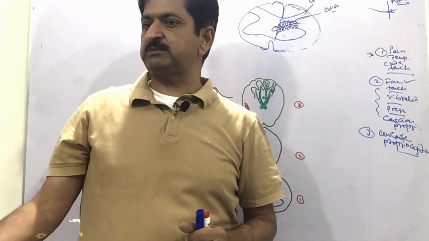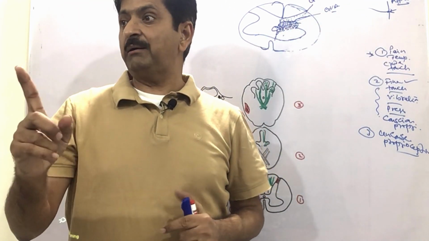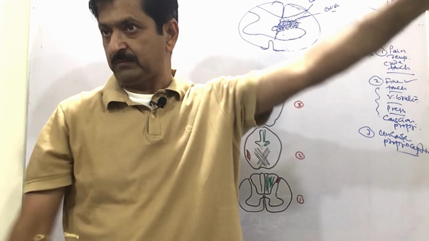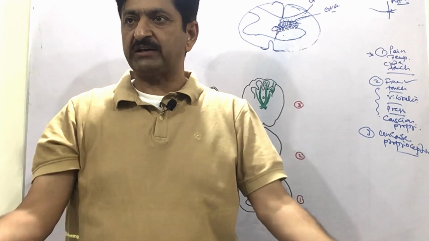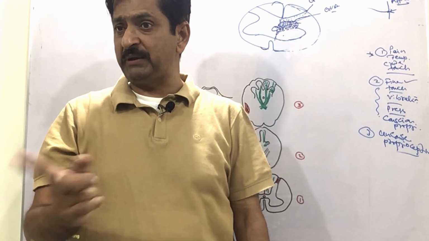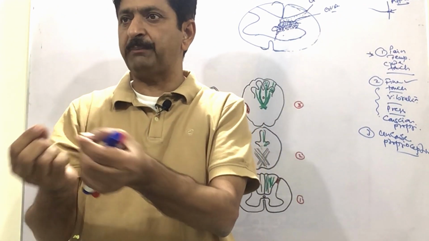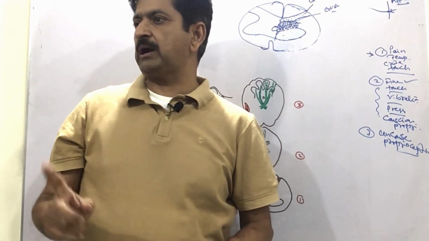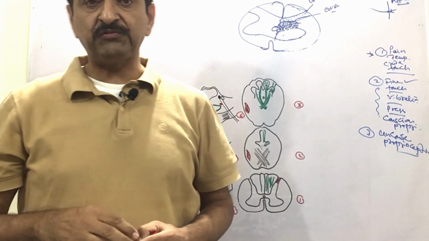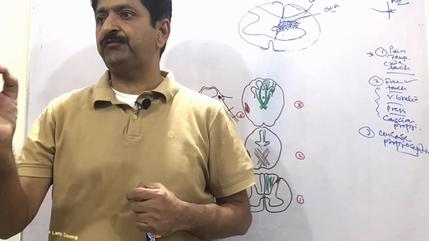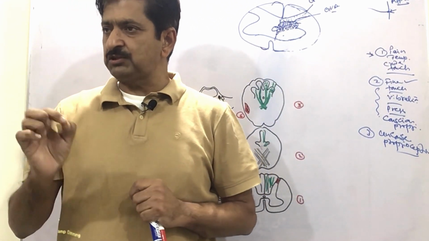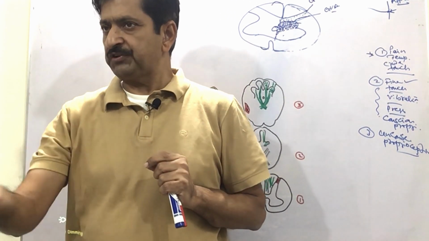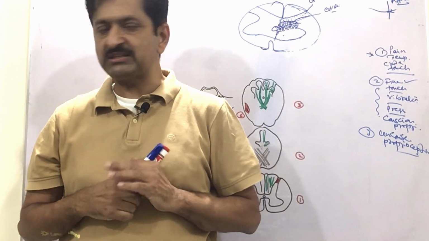Transduction: current has been produced by the generator, but the goal will not be accomplished until this current reaches the object. Transmission. For this purpose, you need what? Wire. And here, wire means neurite. Neurite means the fibers, the processes of the neurons. This neuron will be called the first neuron, meaning it carries the impulse first. Such neurons that carry the impulses first are called first order neurons in sensory pathways.